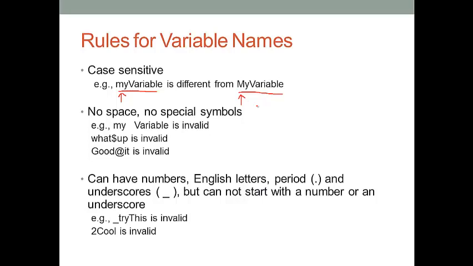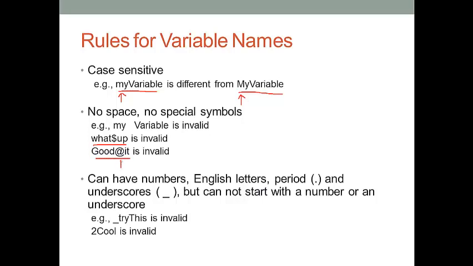Second, we cannot use any white space or special symbols in a variable name in R. For instance, some developer wants to be cool, so they create a variable called what$up. This is considered invalid in R because the $ sign is a special symbol in R. We cannot use it when we create a variable name. Some other developer wants to create a variable called good@8.